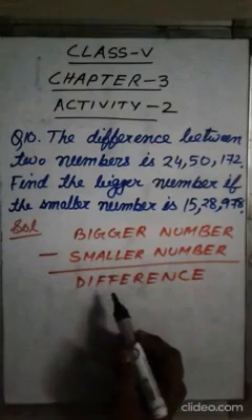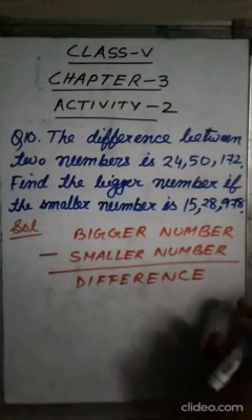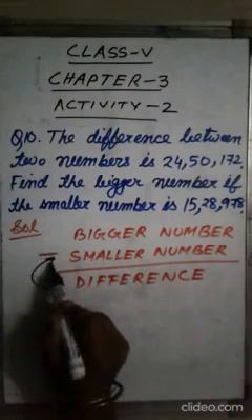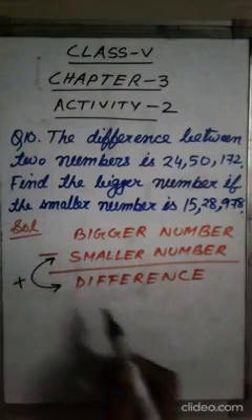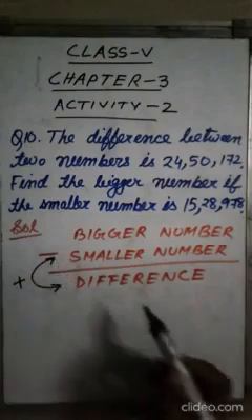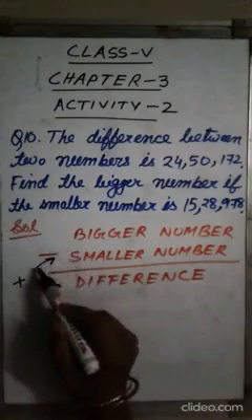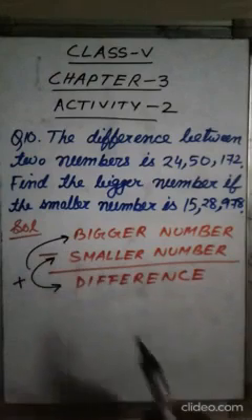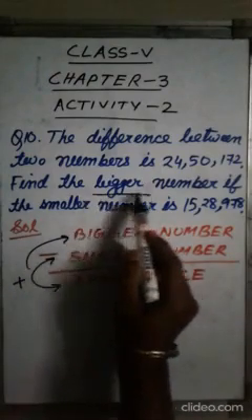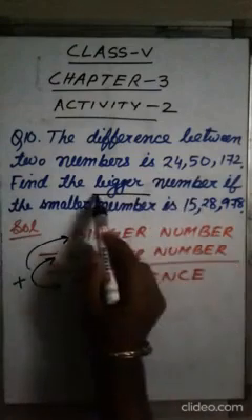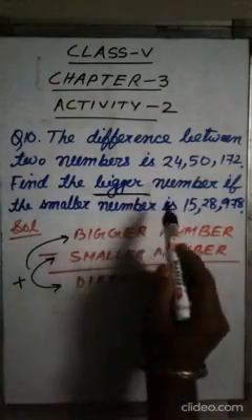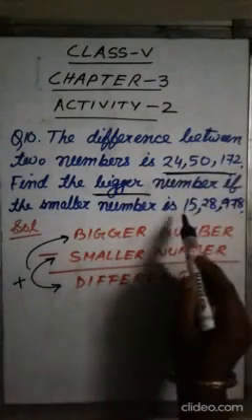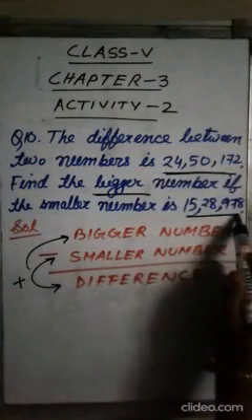But at the beginning of the class today, I told you if I add these two numbers in subtraction, I get the bigger number. To get the bigger number, we have to add the difference and the smaller number.